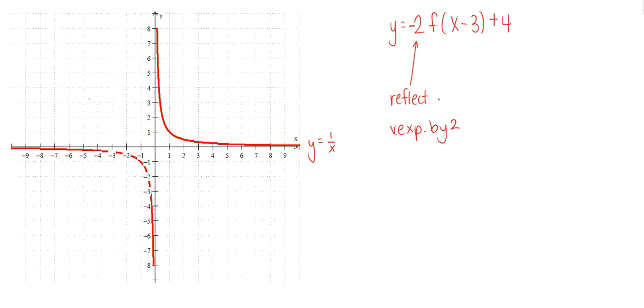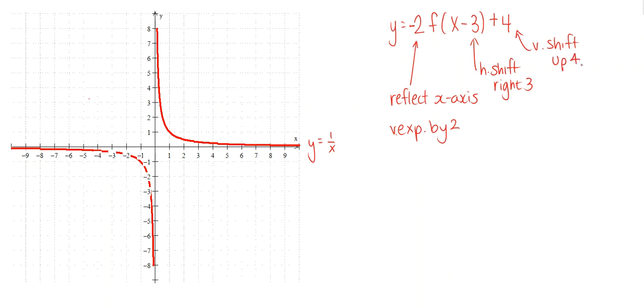And you're going to reflect over the x-axis. We also have, in this case, a horizontal shift to the right, 3. And we also have a vertical shift, and we're going to go up 4.